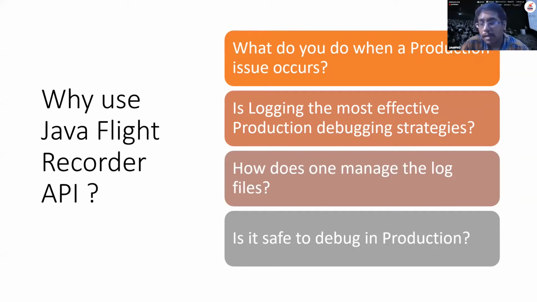Normally, as software developers, whenever we deploy a solution and it goes to production, there are quite a number of times when an issue occurs and we try to identify the root cause. Logging is actually one of the most effective strategies out there.